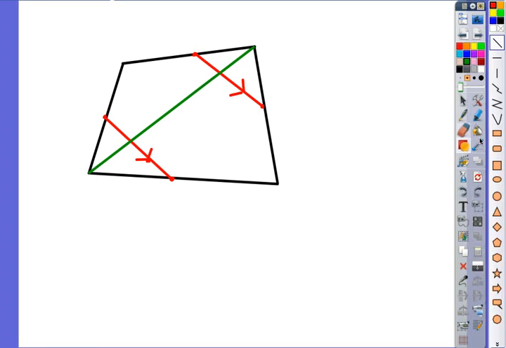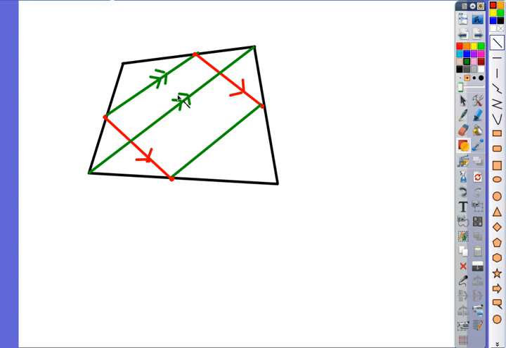They have to be parallel also, don't they? Because this is true. That mid-segment is parallel to the third side of the triangle, as is that mid-segment, right?